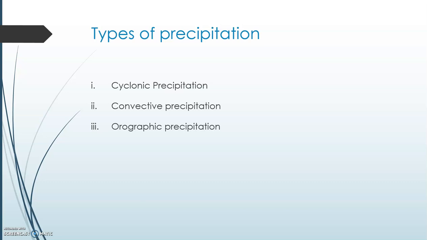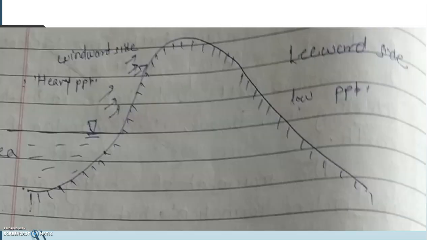And the last type is orographic precipitation, when winds with sufficient water vapor are obstructed by a range of hills or mountains. We can see this orographic precipitation with the help of a figure. I have just drawn a rough figure. So here you can see this is the ocean, this is the windward side, this one is the leeward side.